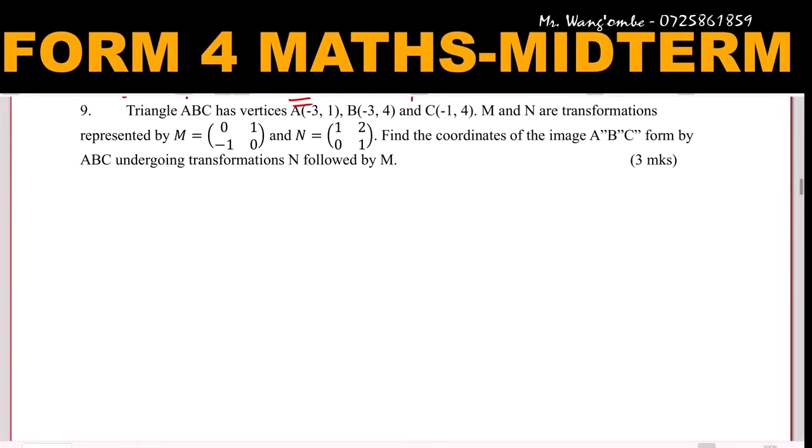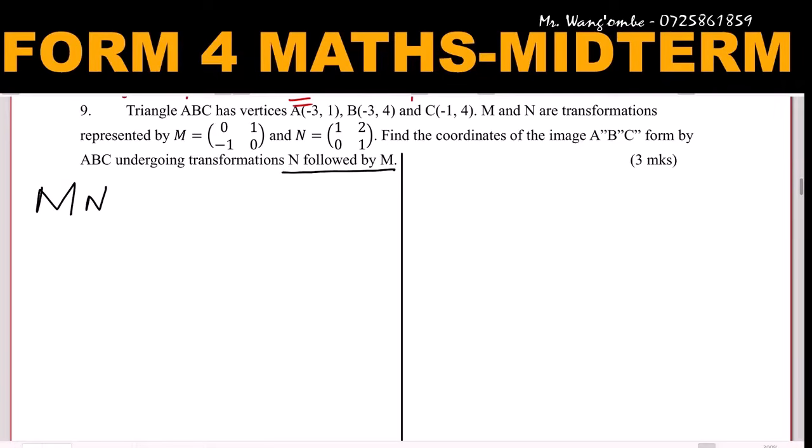One thing that I would like you to notice here is successive transformation. N followed by M. How do we write that? N followed by M will be written as MN.